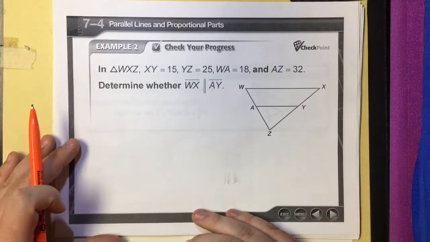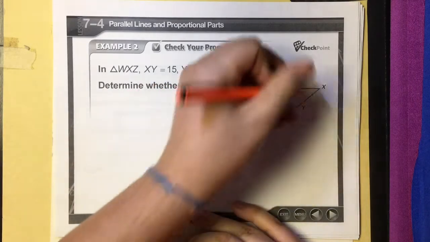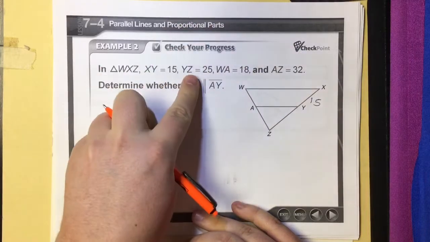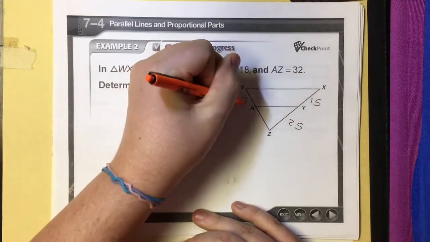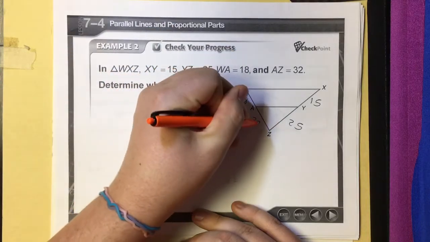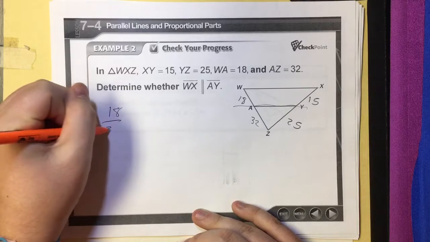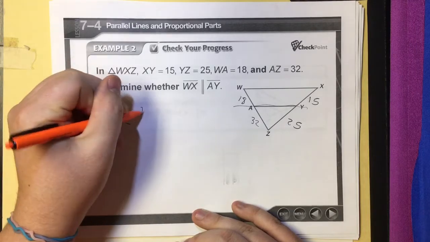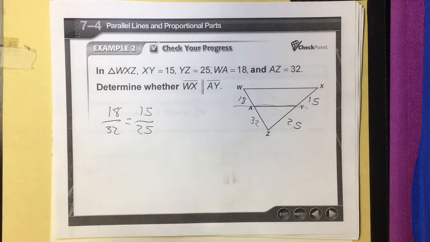Same idea here. It says XY is 15, YZ is 25, WA is 18, and AZ is 32. Using this as my fraction bar, 18 over 32 is equal to 15 over 25. Either reduce the fractions, or you could cross multiply and see if they work out.